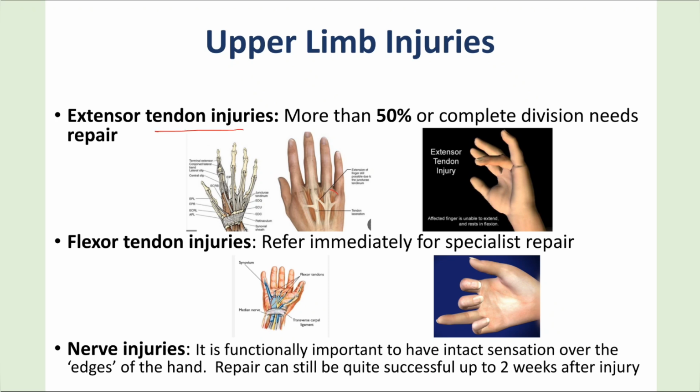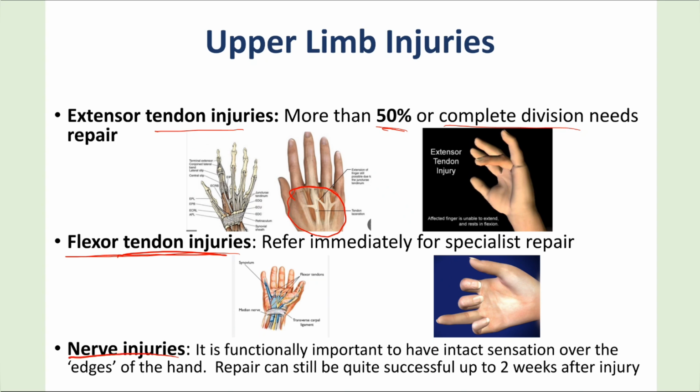The extensor tendons are on the posterior or dorsal part of the hand. If it is more than 50% or complete division, you need a repair, so send for plastic surgeon. But flexor tendons, in any degree, need repair because they are needed for more meticulous movement of the hand.